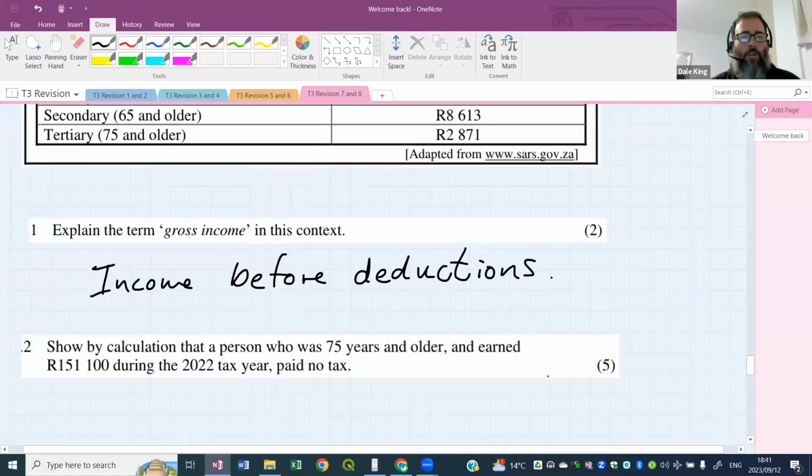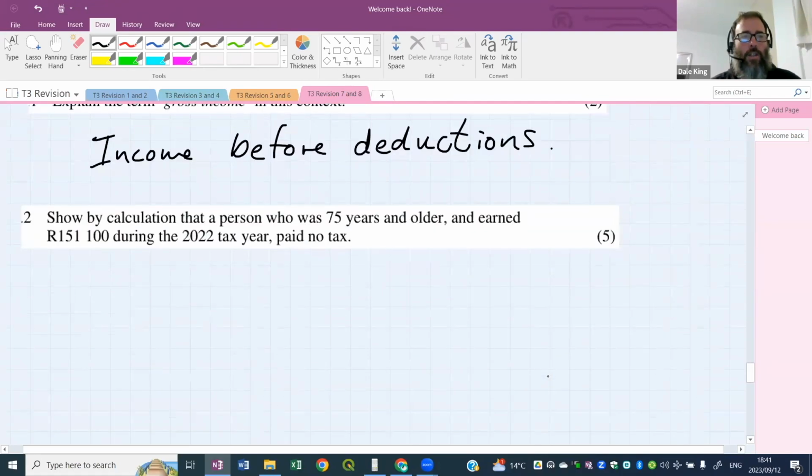What else you got? 5 mark question. Show by calculation that a person who is 75 years and older and earns 151,100 during the 2022 tax year pays no tax.